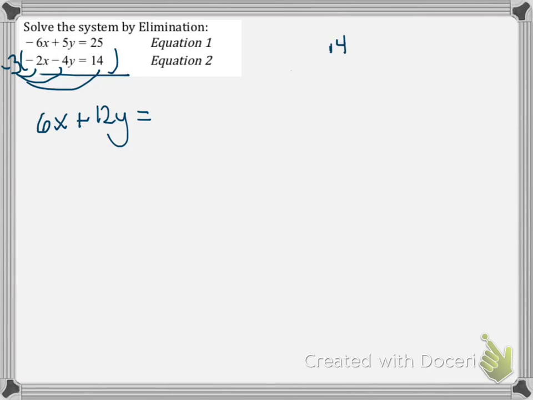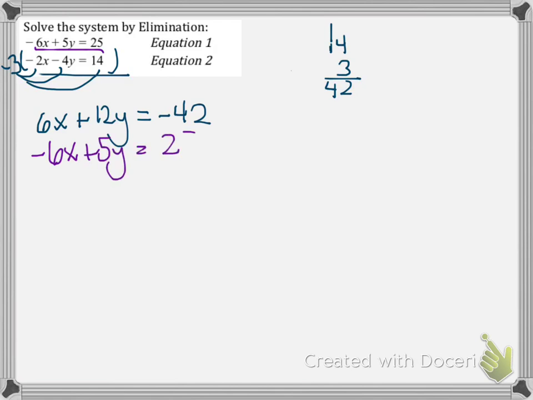Let's do the work over here: 14 times 3 is 42. So negative 3 times 14 is negative 42. So that is equation 2. Equation 1 we're going to leave the same: negative 6x plus 5y equals 25.